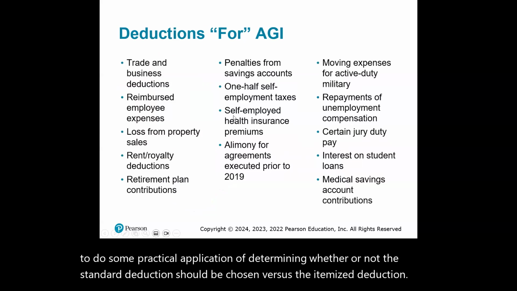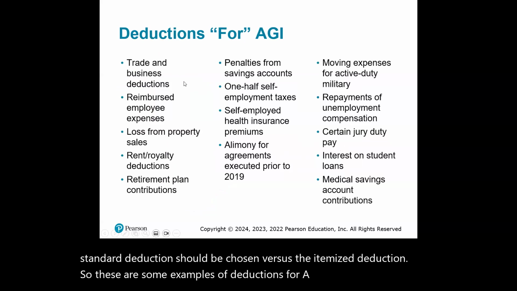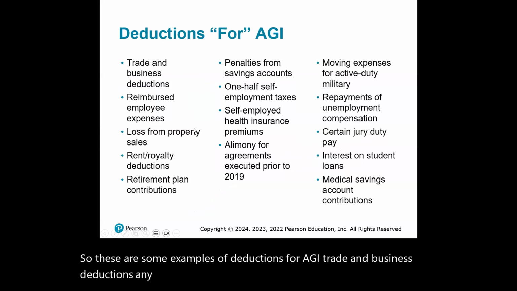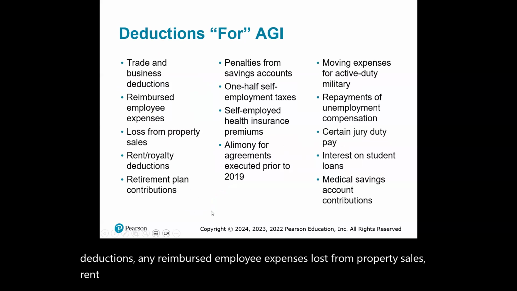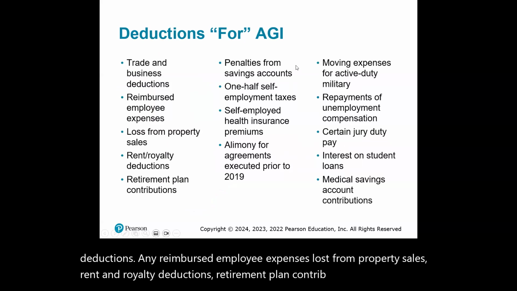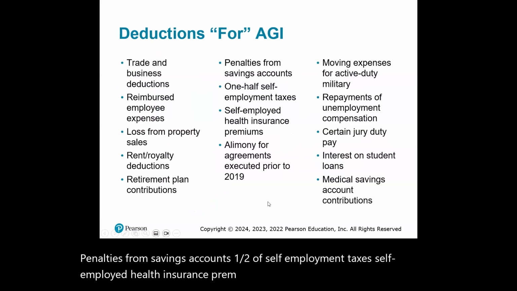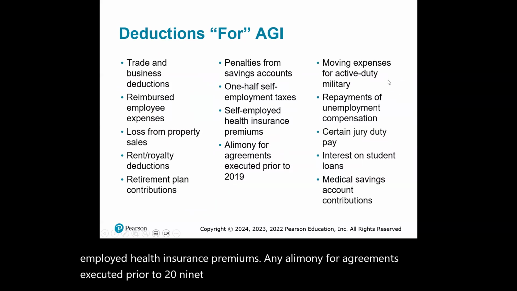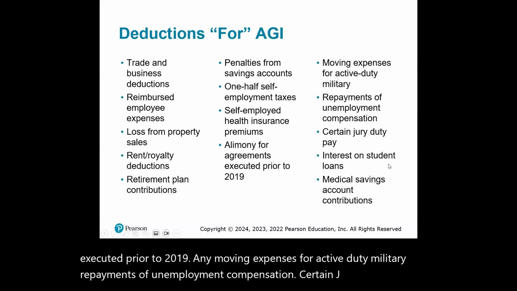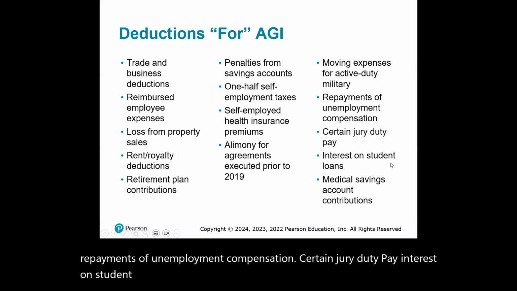So these are some examples of deductions for AGI: trade and business deductions, any reimbursed employee expenses, loss from property sales, rent and royalty deductions, retirement plan contributions, penalties from savings accounts, 1/2 of self-employment taxes, self-employed health insurance premiums, any alimony for agreements executed prior to 2019, any moving expenses for active duty military, repayments of unemployment compensation, certain jury duty pay, interest on student loans, and medical savings account contributions.